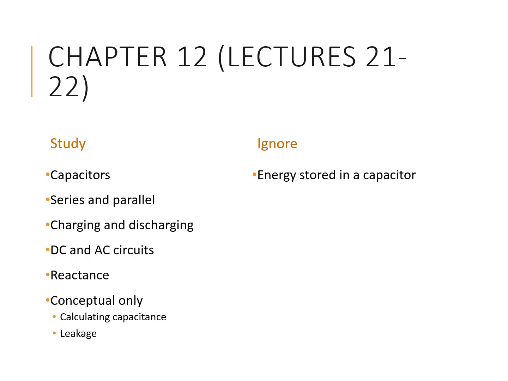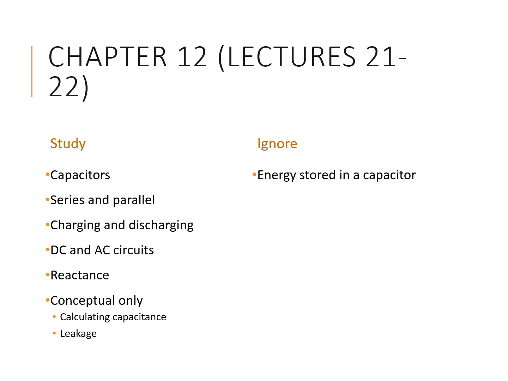With reactance, this is something that will probably show up in the conceptual portion of the exam, but I put it in the study part just because it's technically fair game. But if it's in problem solving, it's going to be a relatively simple one where maybe you find the total capacitance for a circuit and then find the total reactance, using that reactance equation.